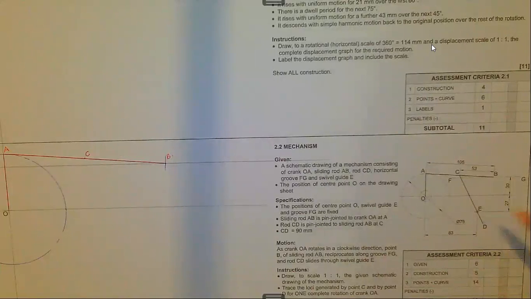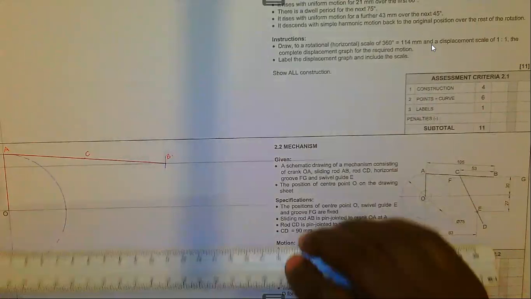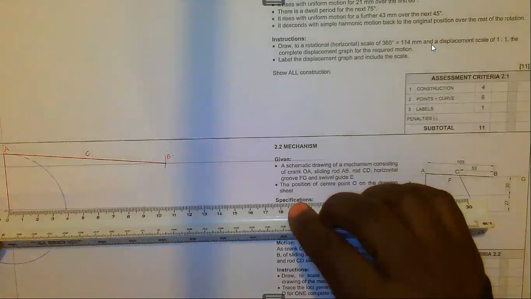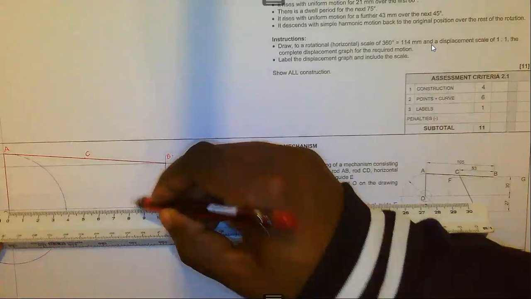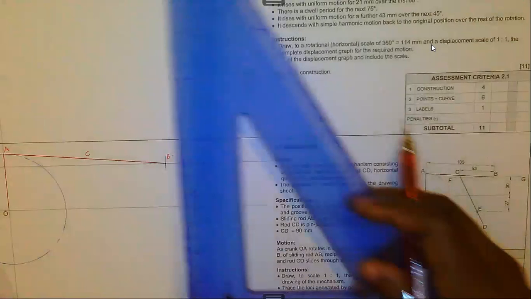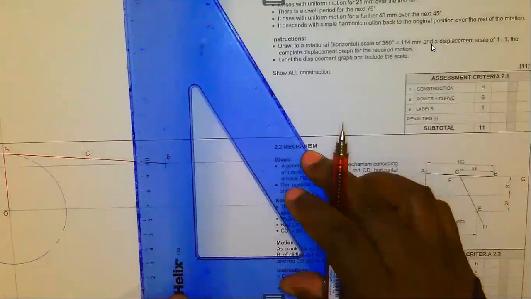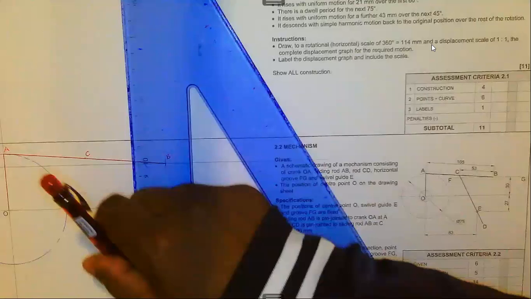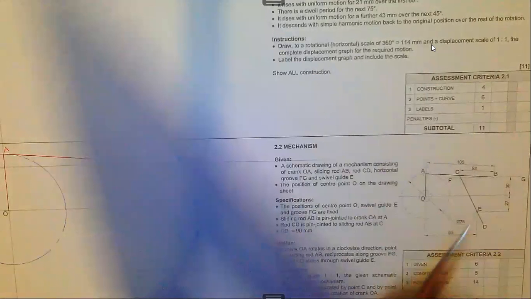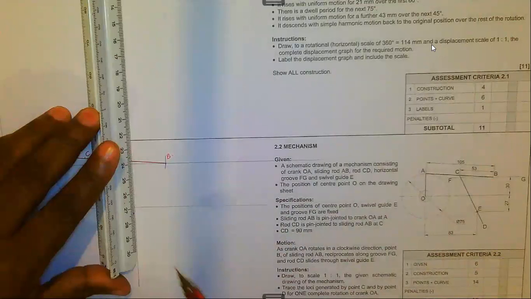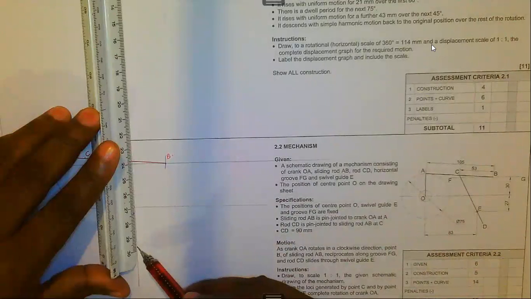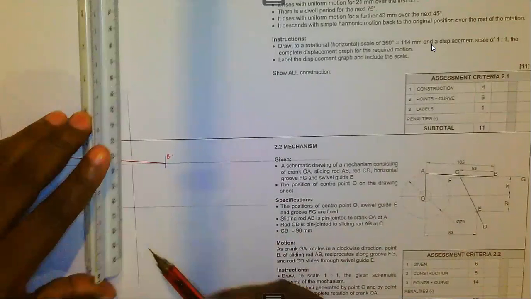So we can measure 83 millimeters. Then we measure from here the 27. Right, that's our point E.